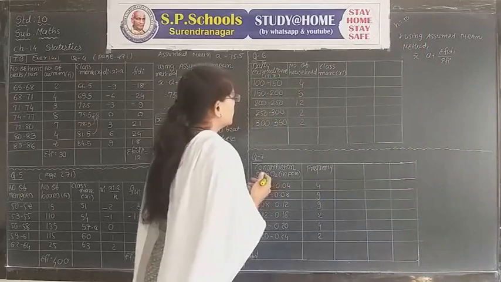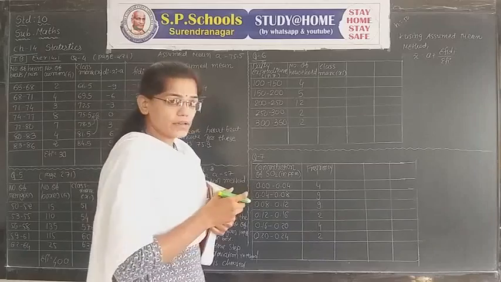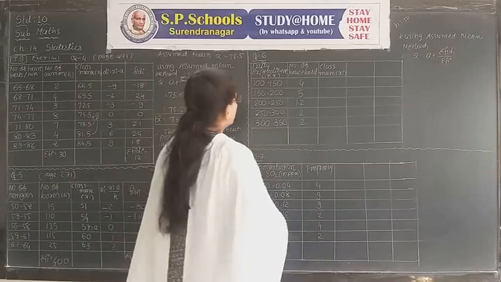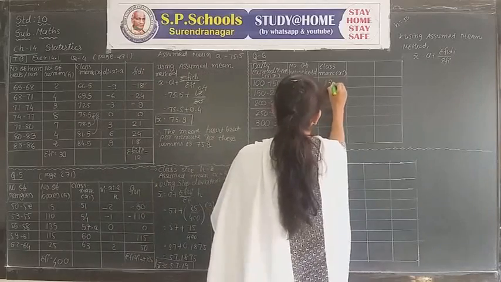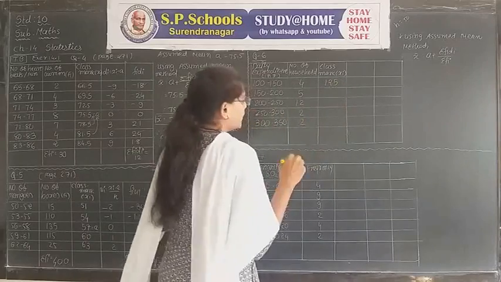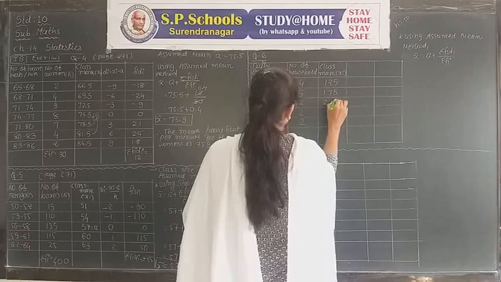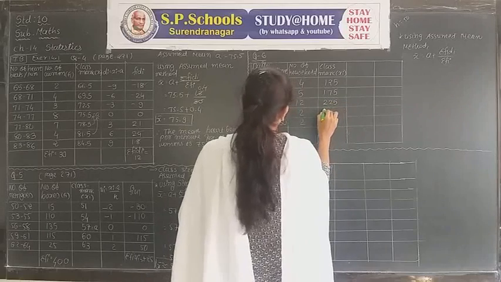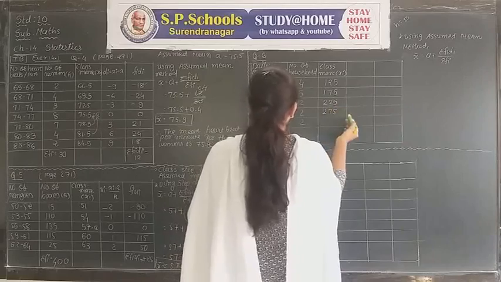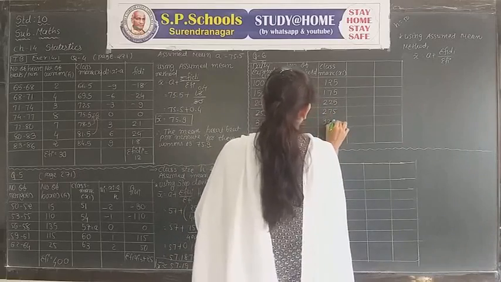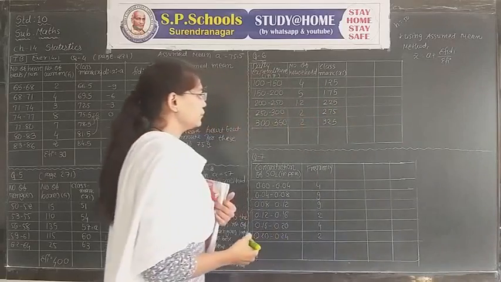First class mark: 100 plus 150, 250, divided by 2, which is 125. Again add 50, 175. Add 50, 225. Add 50, 275. Add 50 and we take here 325.